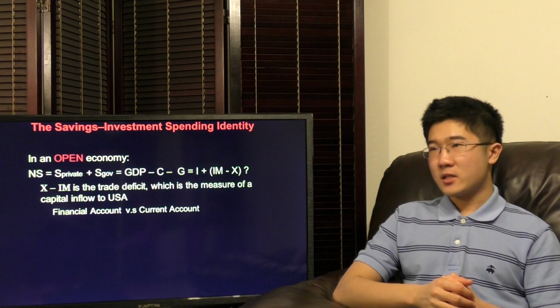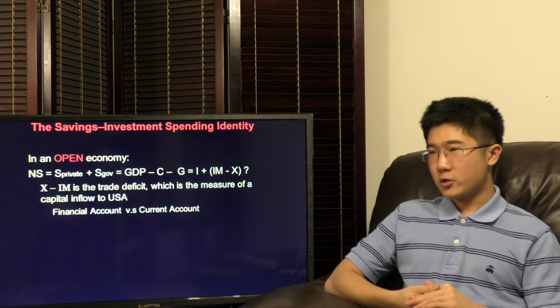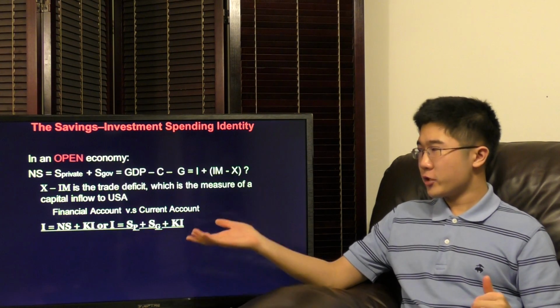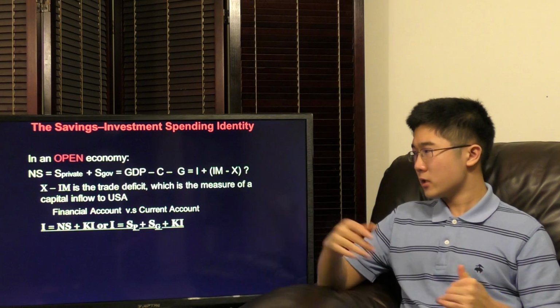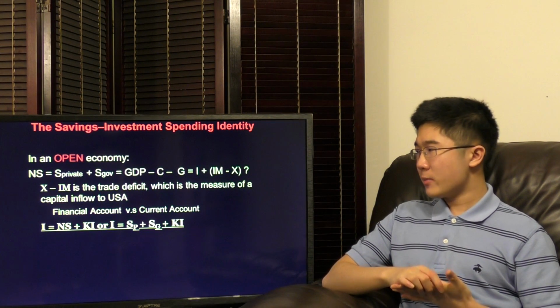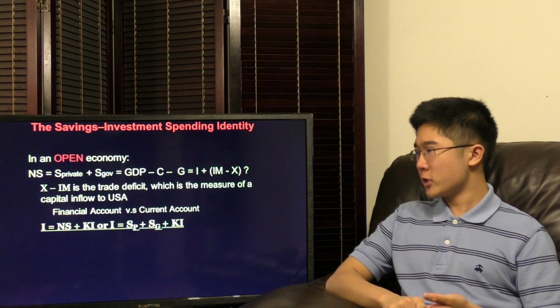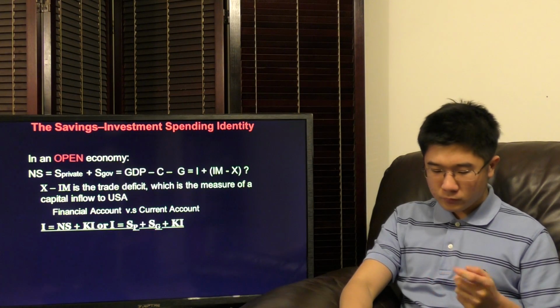So I minus X in this context is our financial account surplus. That is what's critical, because the financial account represents our foreign savings. So in an open economy, investment spending equals our national savings plus our financial account surplus: SP plus SG plus KI.